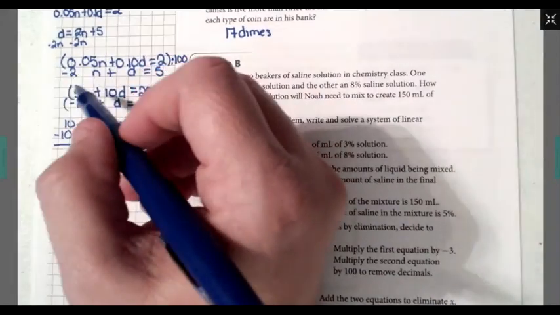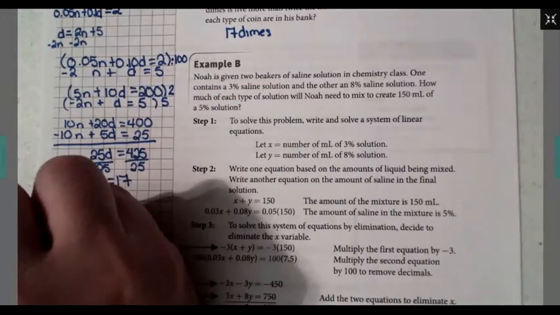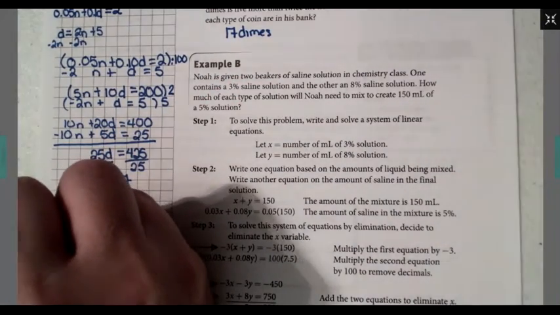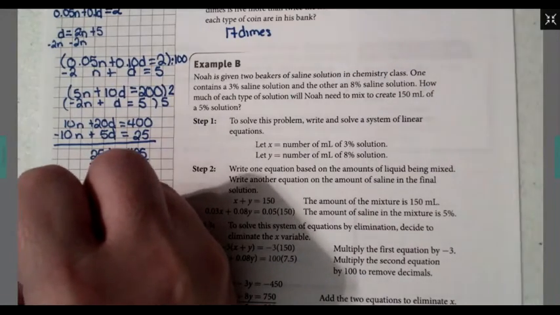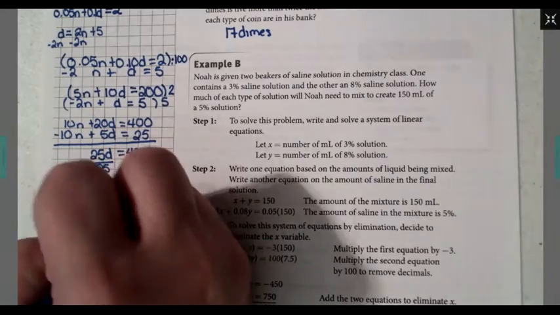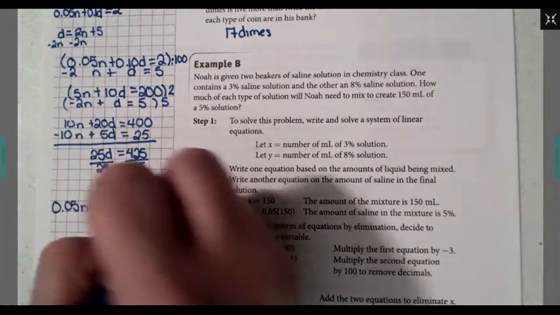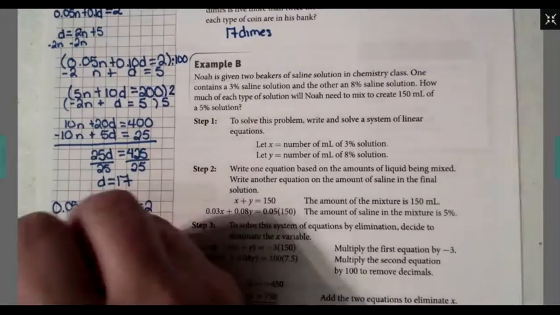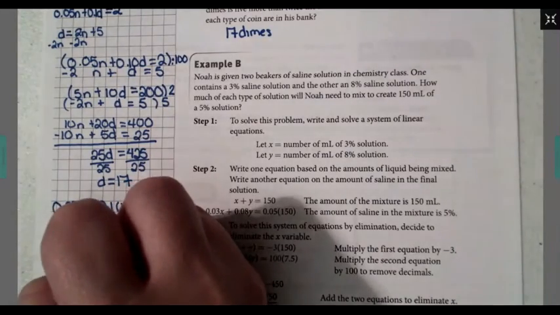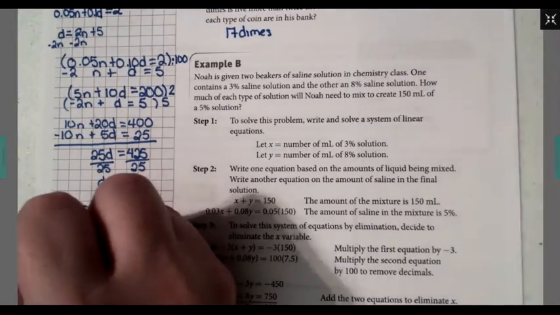I'm going to go back to one of my original equations. I'm actually going to go to the top equation: 0.05n plus 0.1 times 17 equals 2. Well, 0.1 times 17 is 1.7. And we have 0.05n added to that, right?